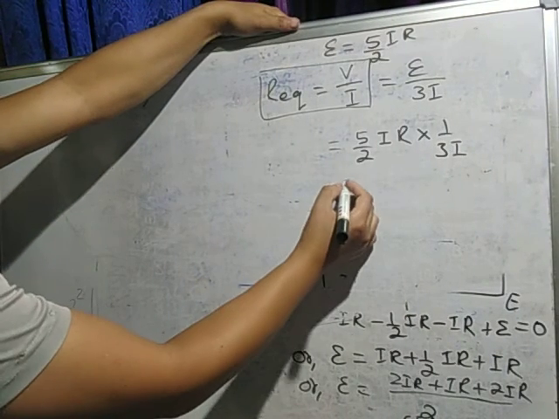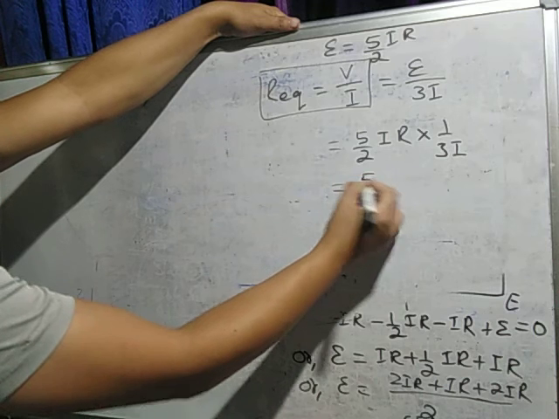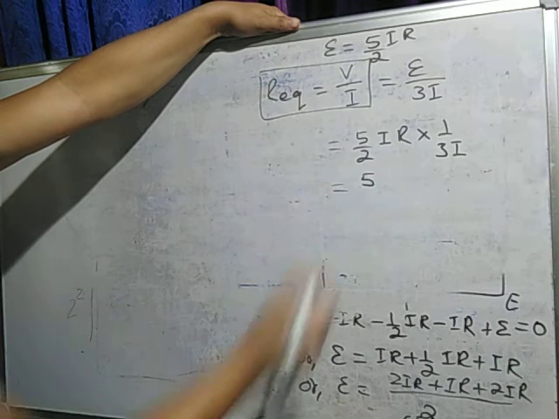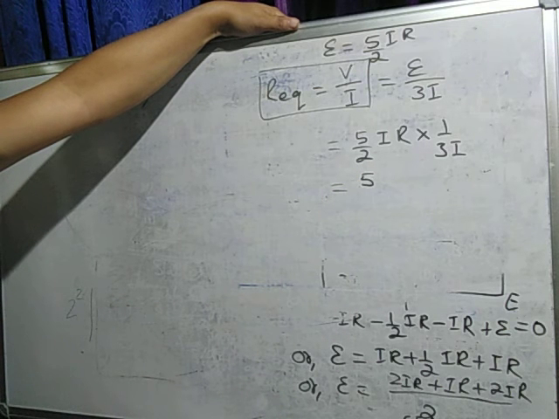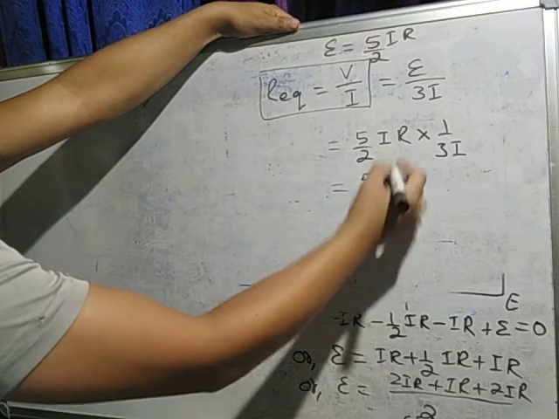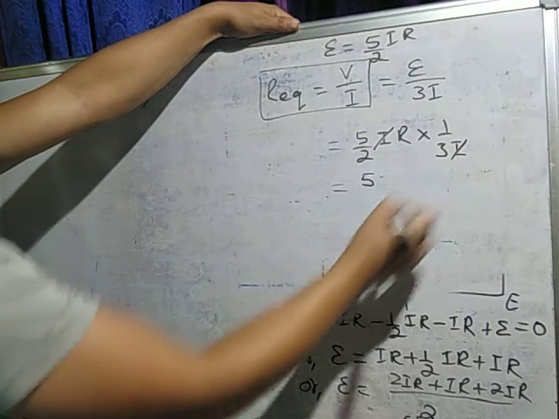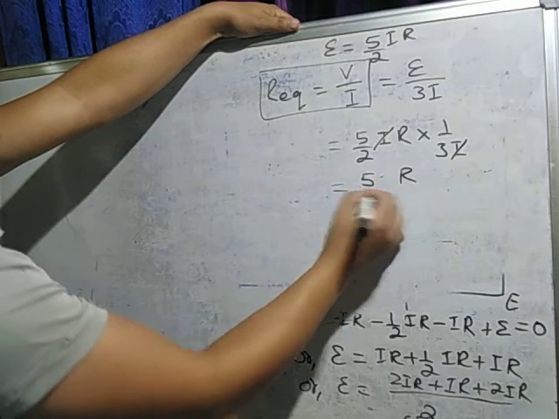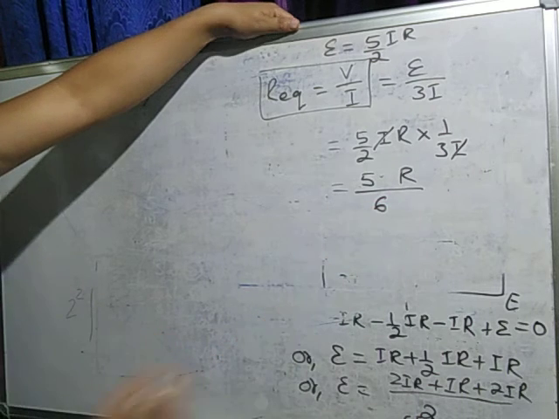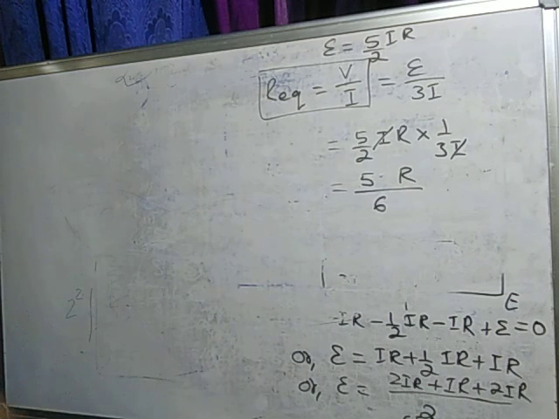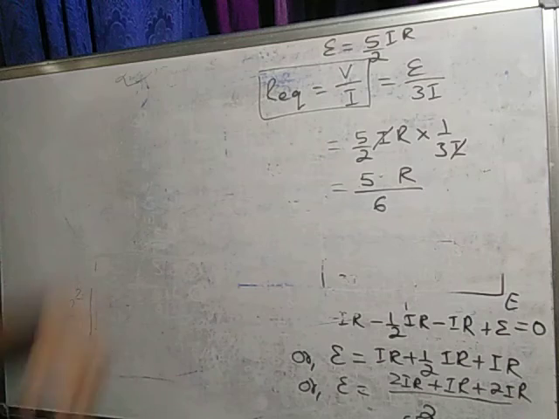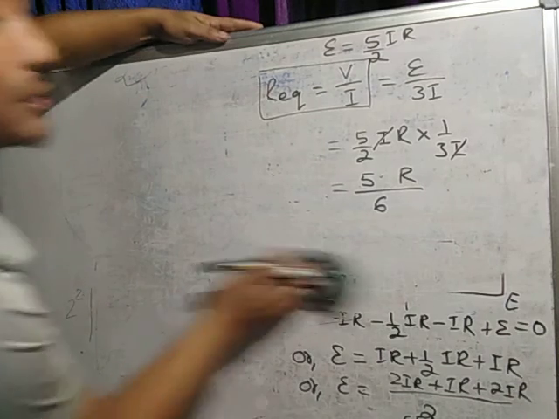So this equals how much? 5 I R, I cancels, isn't it? I cancels, so 5 R by 6. Understood? I cancelled, so 5 by 6 R. So this is your equivalent resistance of the circuit.